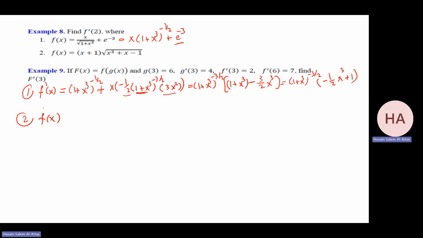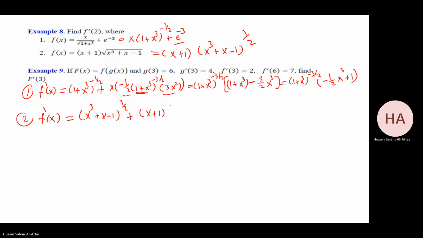It's just product. So derivative of the first, or I can rewrite it as x plus 1, make it powers. It'll be easier. So derivative of the first is 1, gone. So you have the second, the same idea actually. Plus x plus 1 times what? Half x cubed plus x minus 1 to the power minus half.